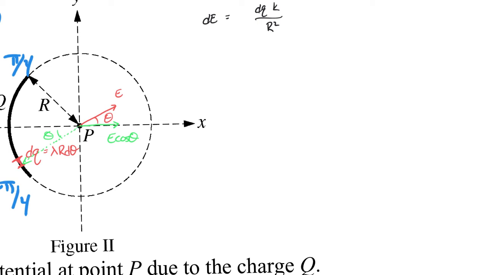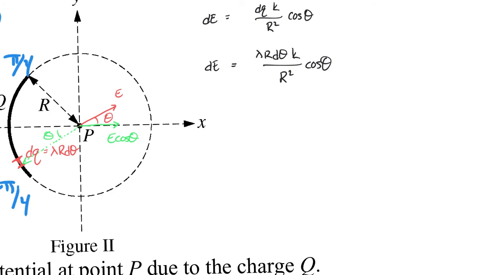The next thing I'm going to do is recognize that I have to add this cosine theta to ensure that I have just the portion of the electric field that's along that line, that the cross portions balance out because of symmetry. So my next thing is to substitute in for dq, and so I'll have lambda r d theta for my dq. Don't forget my k, don't forget my r squared, and certainly don't forget my cosine theta.